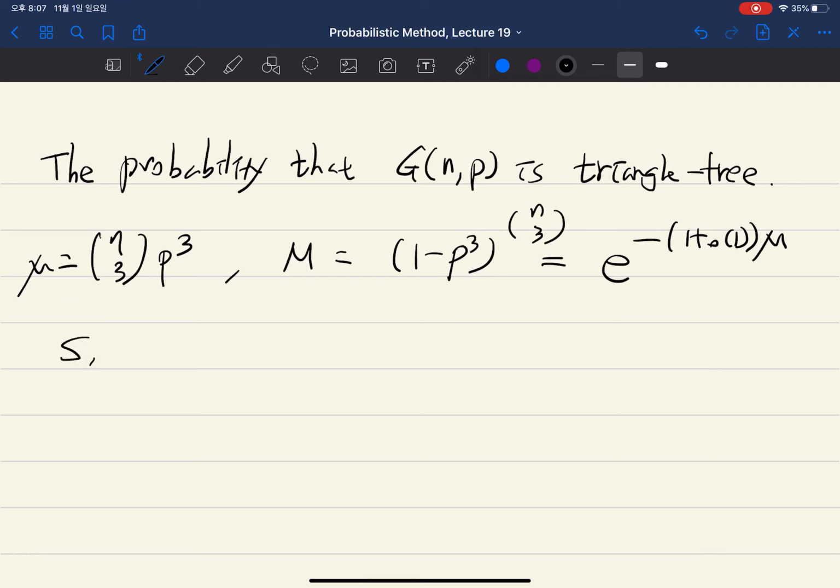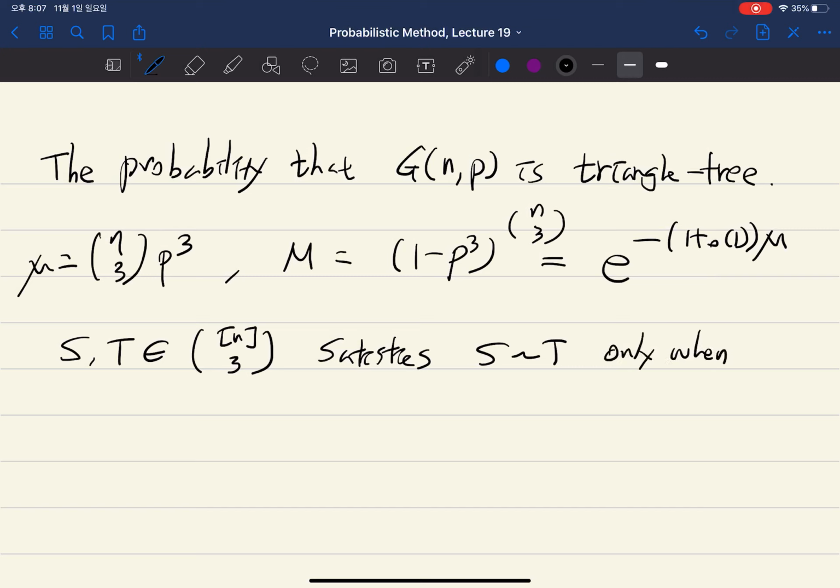And two sets T and S, which are triples, they satisfy this relation. So they are dependent only when they share an edge, at least one edge, but you cannot share two edges. So when they share two vertices, they are dependent.